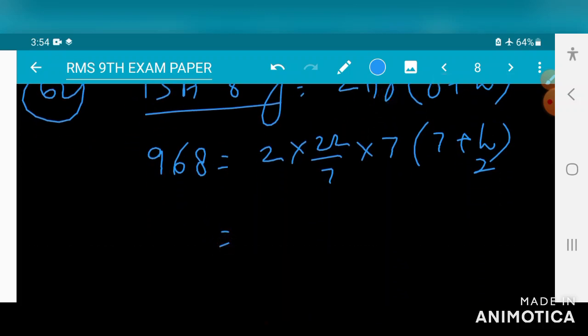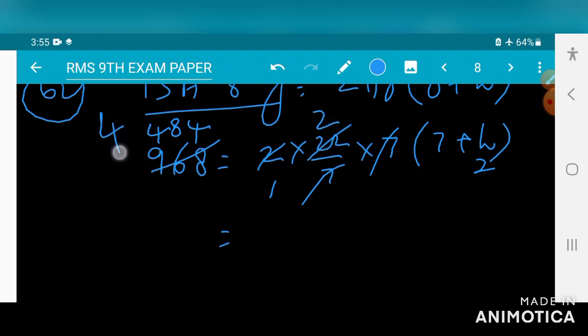So see here, 7 ones gets cancelled. 2 ones the 2, 2 fours the 8, 2 8s the 16. 2 4s the 8. Next 11 2s the 22, 11 4s the 44.